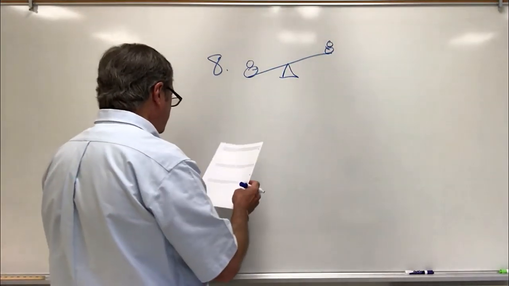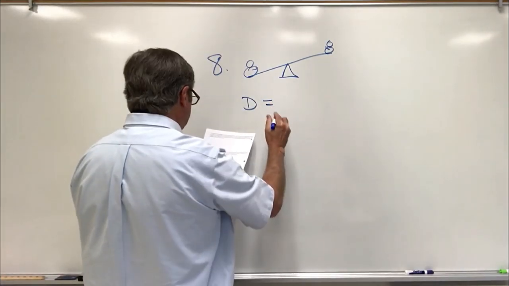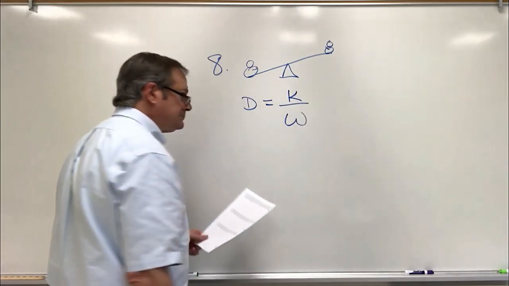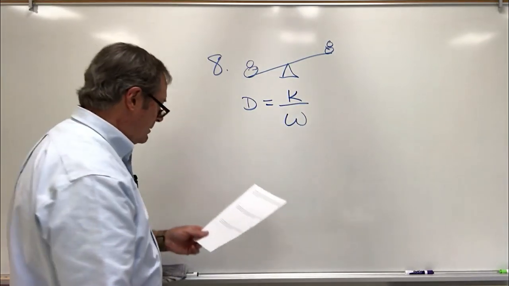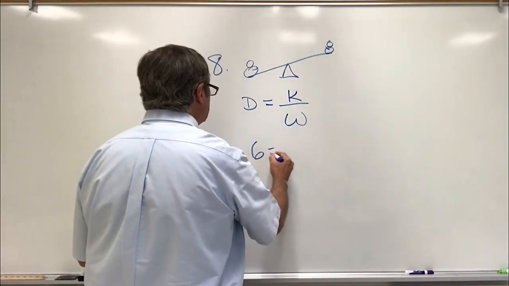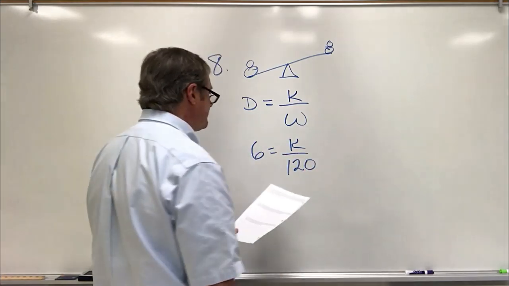Well, let's see. It says the distance D is inversely proportional, K over the weight. All right, this first situation, Roger is sitting 6 feet away. He's 120 pounds.